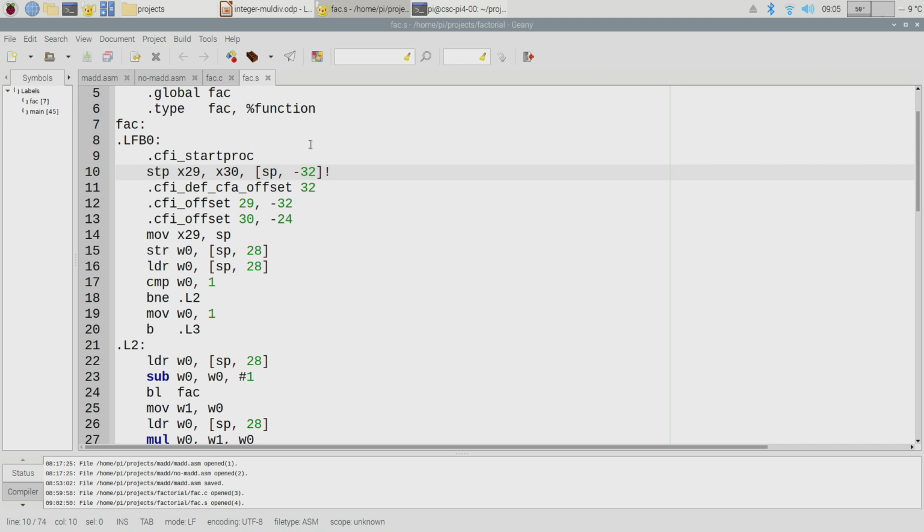I'm in main, I go into factorial, I've called factorial again. So let's say I'm 2 levels down. How do I know where to go back to in regular factorial? Well, what tells me where I go back to? What register tells me where I came from?